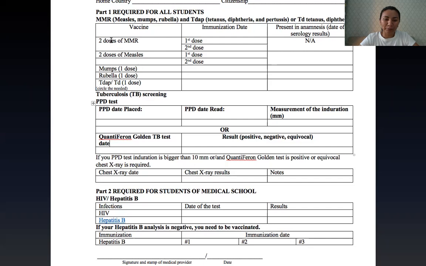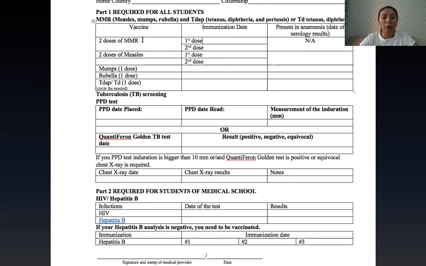Some students may have a combined vaccine against measles, mumps, and rubella, or some people may have them separately: against measles, 2 doses, against mumps, 1 dose, and rubella, 1 dose. And here you need to provide the date when you were vaccinated.